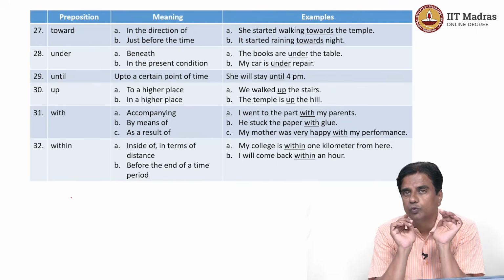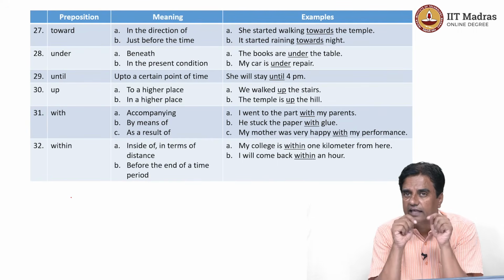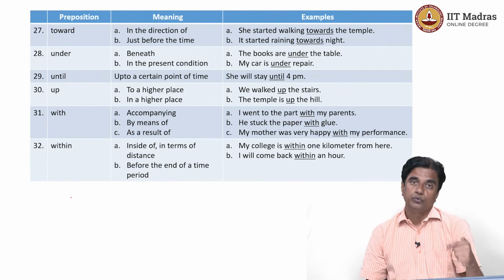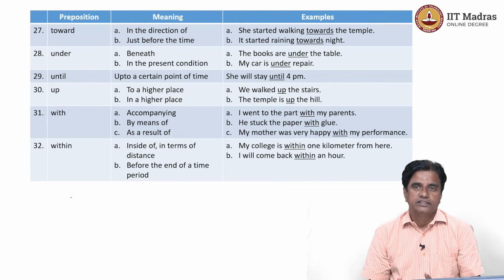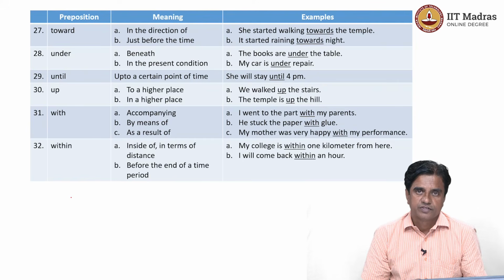You don't need to do more than that. The rest will happen in your subconscious, and the impact of these things will show up when you use them either in your writing or in your speaking. That is what we want to recommend for this.